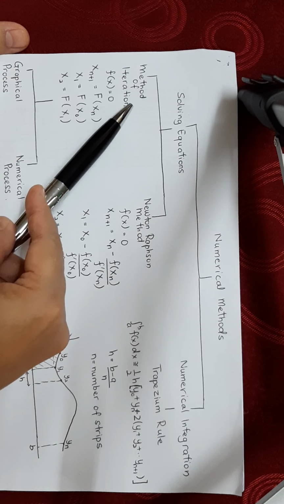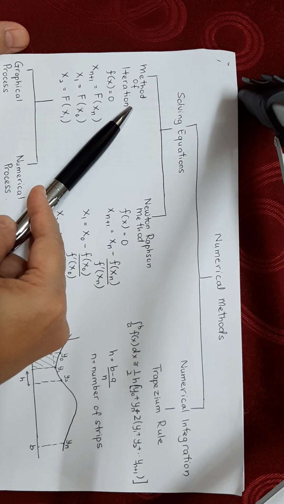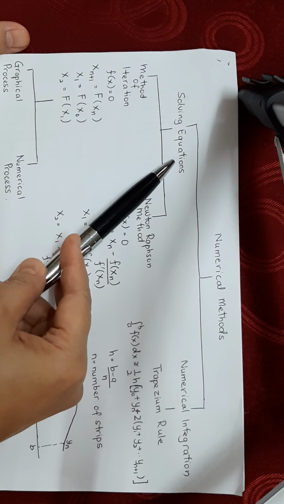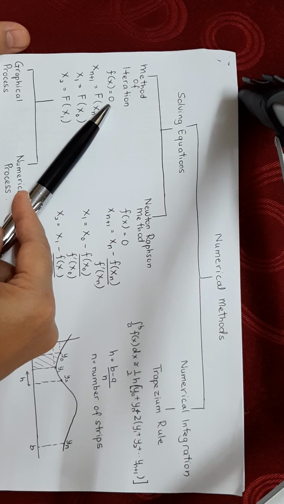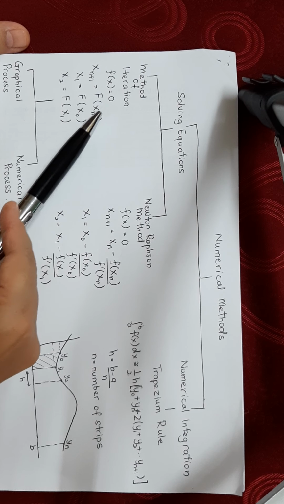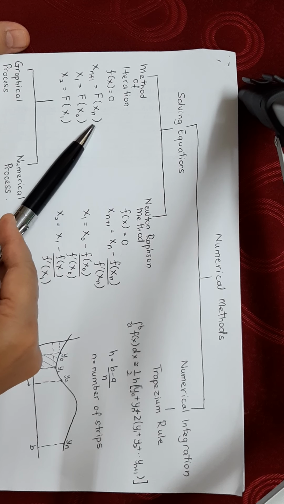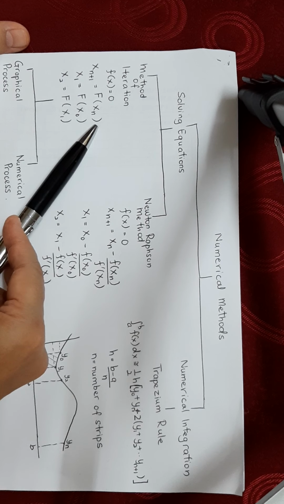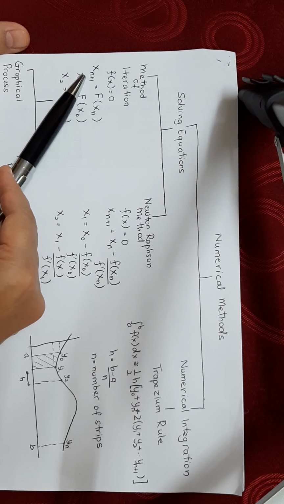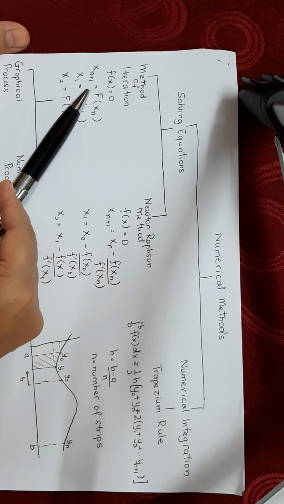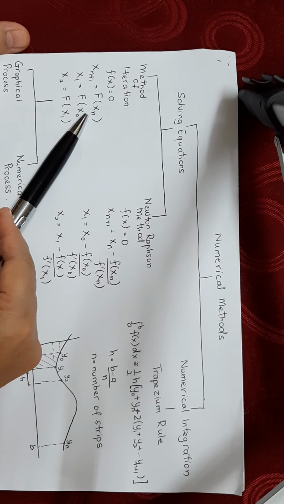Method of iteration is involved in solving equations. So the equation that we want to solve, we put it into f(x) = 0. This is the formula for method of iteration: x sub n+1 equals F of xn.